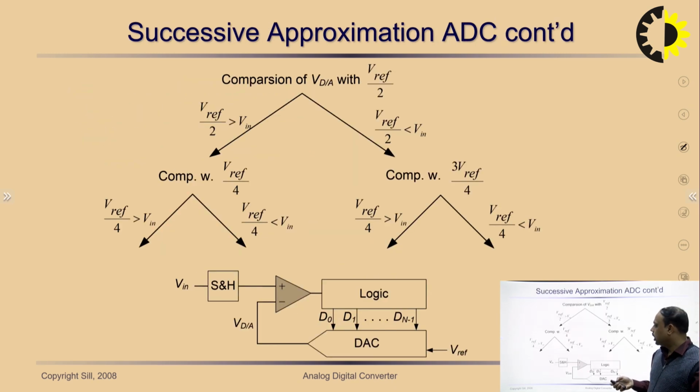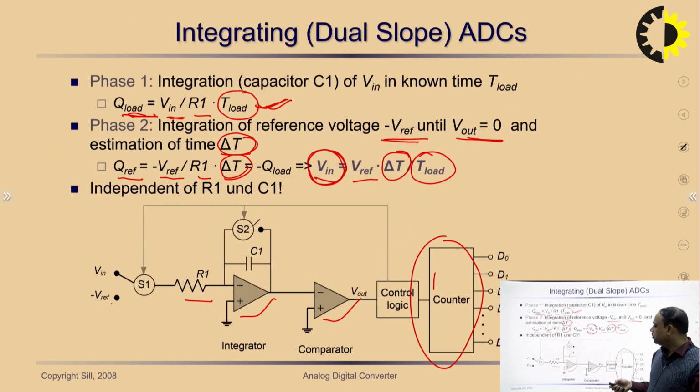The work of the counter over here is that until the magnitude becomes 0, the comparator output is high, and this counter is counting until it reaches 0. So whatever the amount of time is, if the time is larger, the count goes to larger values, while if the time is smaller, the count goes to smaller values.